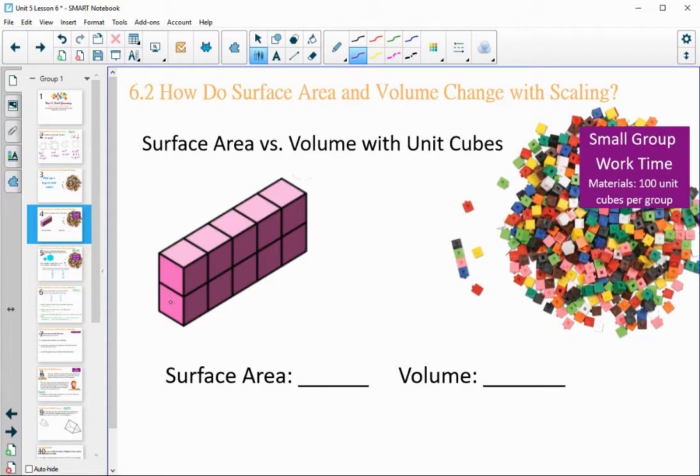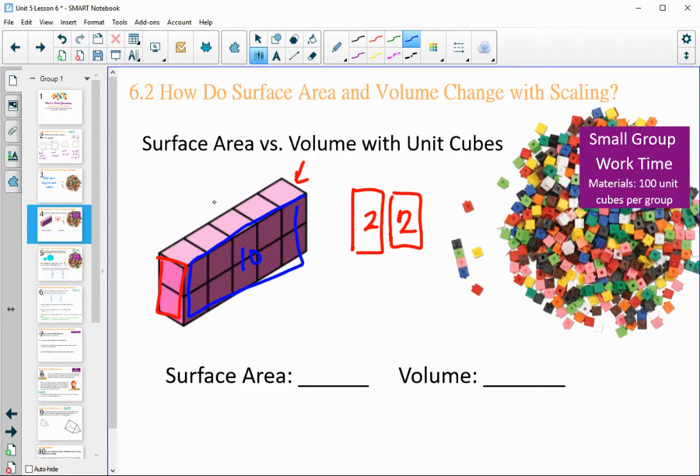If we were looking at the surface area here, you'd be counting the number of cubes on each surface. This surface here has 2 cubes, and remember there's that same exact surface back here. So for those surfaces we end up with 2 on each one, and there's 2 of them. So that's 4. For this front panel, there's 10 boxes here, and another one in the back as well, so we've got 2 of these with 10 boxes.